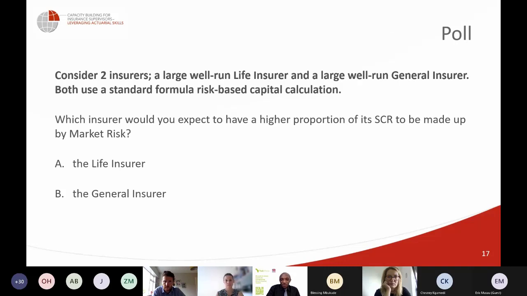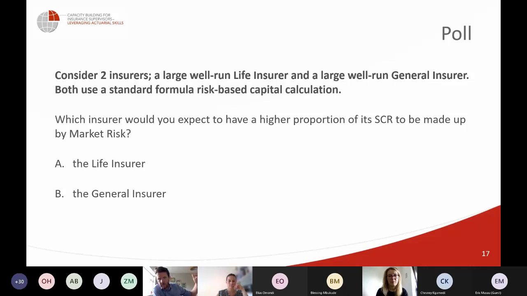Right. So let's get into the poll, and maybe I'll pass it to Eamon to get us into this. The poll is: if we have two insurers, one a well-run life insurer and the other a well-run general insurer, and they're using a standard way to calculate their risk-based capital, which insurer would have a bigger proportion of the capital SCR made up from market risk?